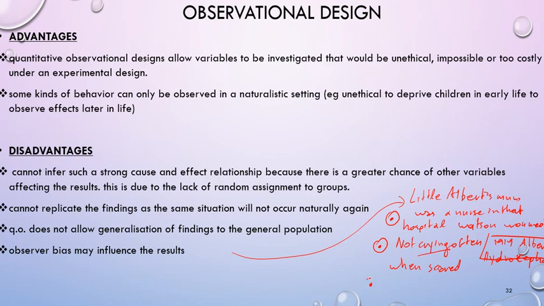So when Watson chose little Albert in 1920 for the experiment, he knew that he had a child that was emotionally weak.